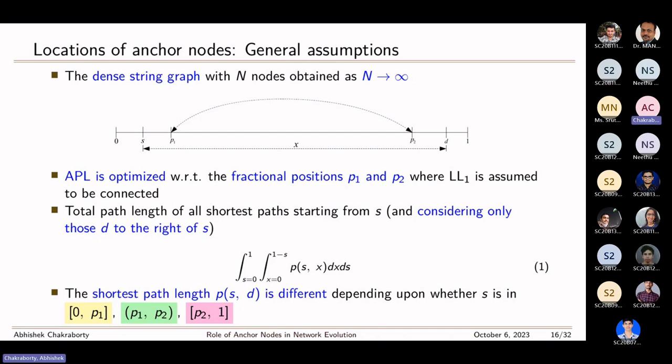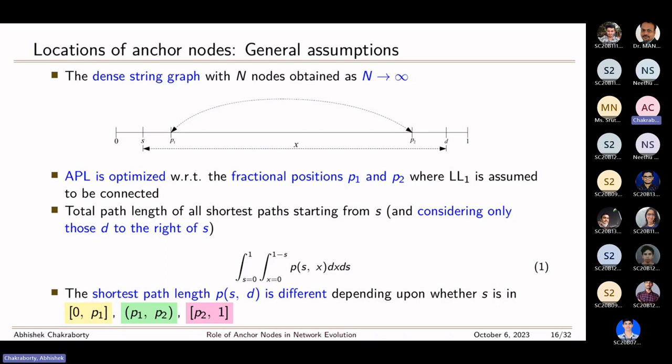We are trying to identify analytically the optimal location of these two points, P1 and P2. Here S is the source, D is the destination. So when we are calculating APL, what we are doing?